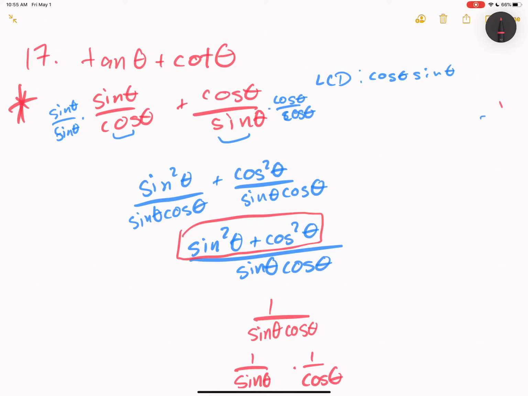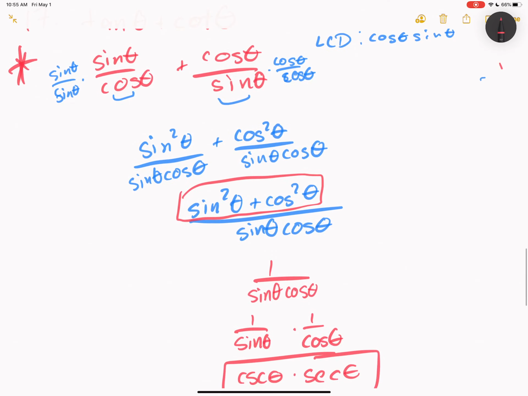That's probably the hardest step. But you're using algebra rules. Don't be confused that, oh my gosh, I see so many sines and cosines. No, pretend they were x's and y's, right? You guys can probably do this if there were x's and y's. Oh, I find the LCD, I add, I multiply, I split up. I can do whatever I want with that.